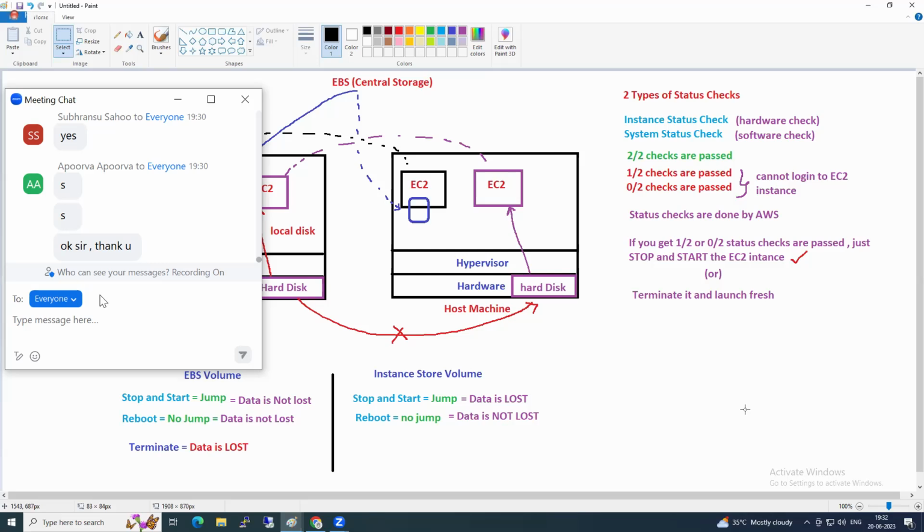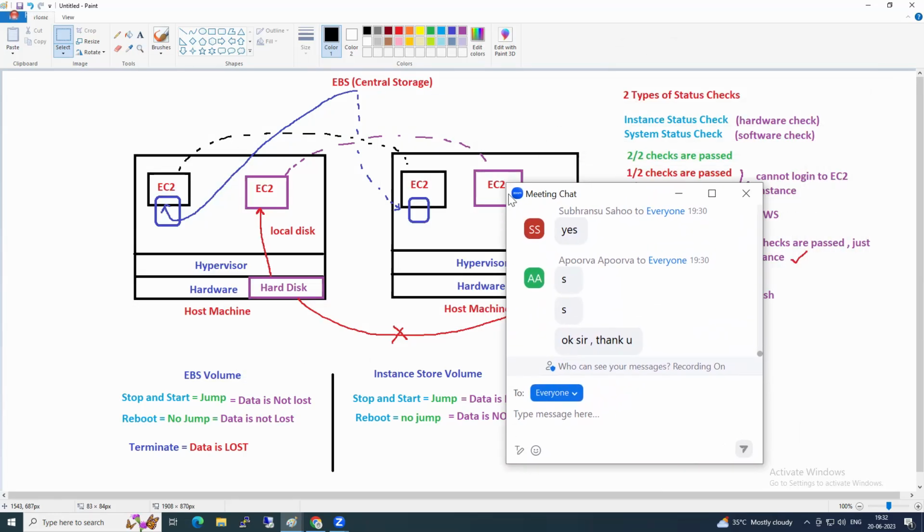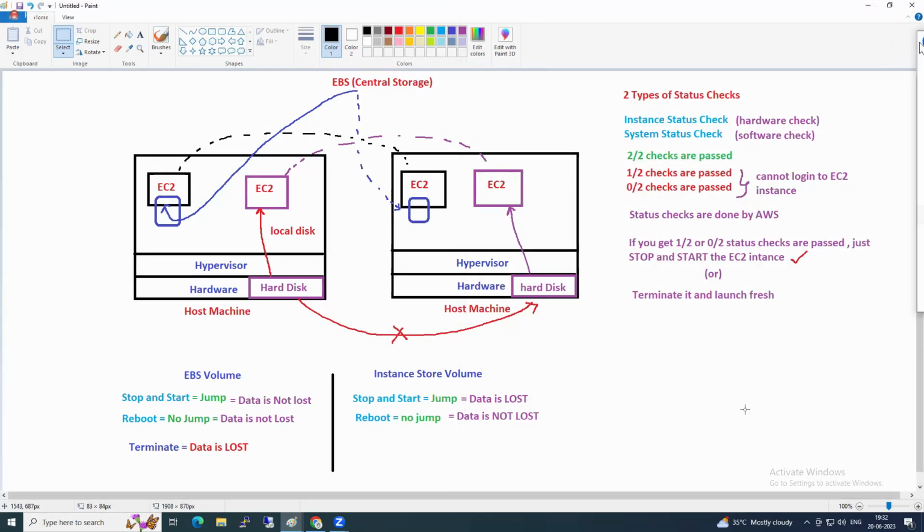So if you need high performance, now we have two types of volume: EBS volume and instance store volume. I'm giving a certification question. EBS volume is centralized storage. It is a network attached disk only.